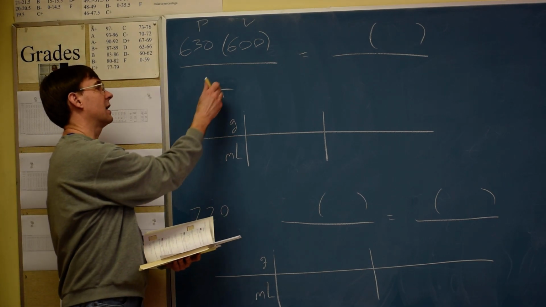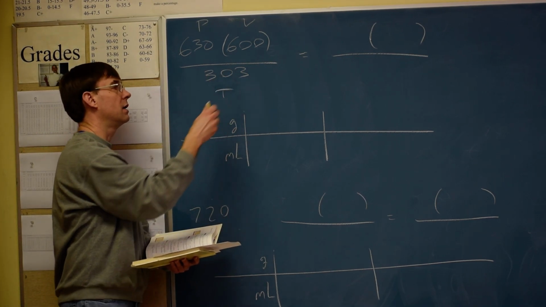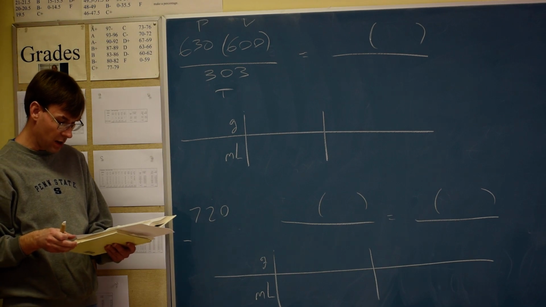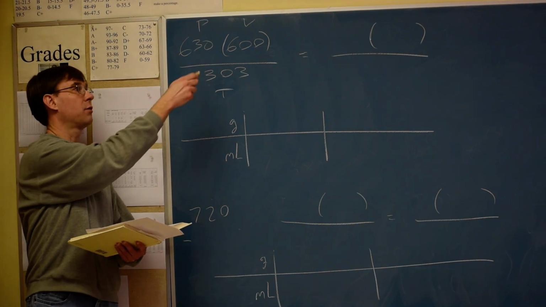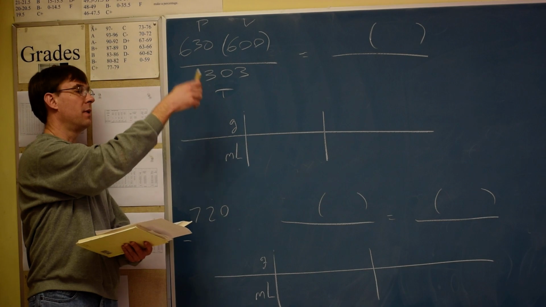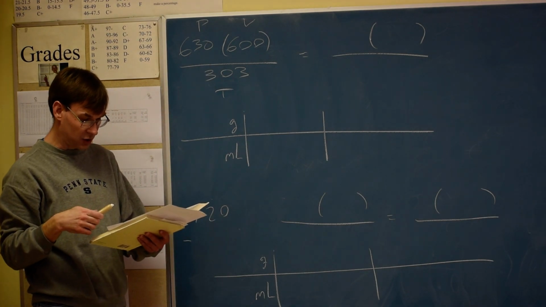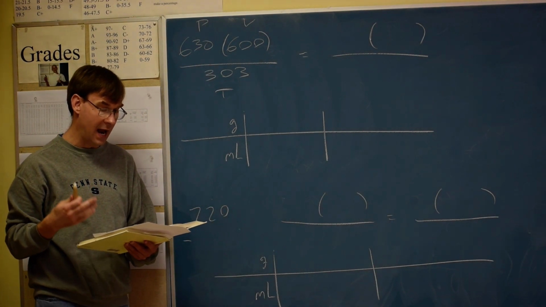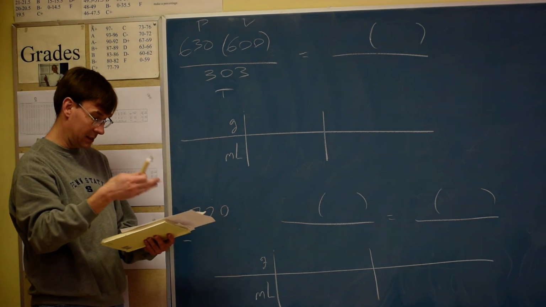The temperature isn't going to be 30, it's going to be 303 by the time we add 273. We can't do any math with this to get the molar mass because it's not at STP. We're going to have to use this equation to get to STP.